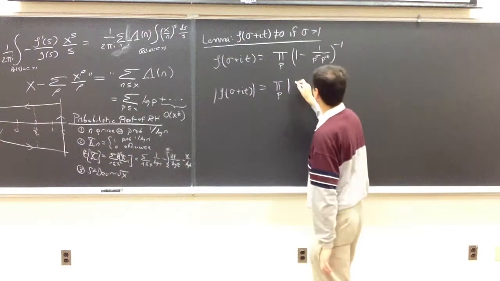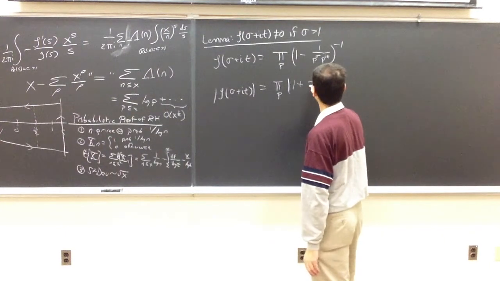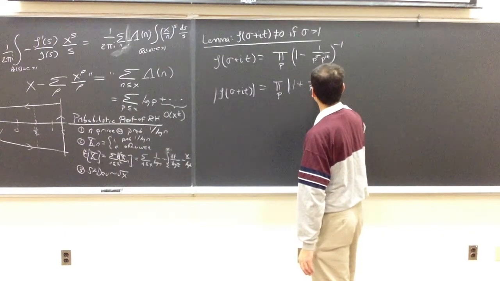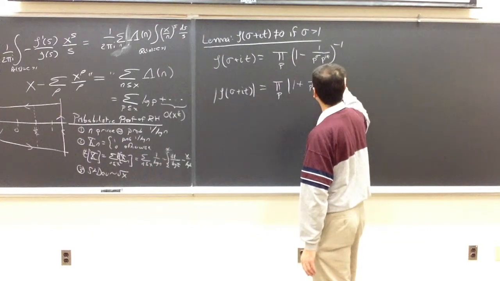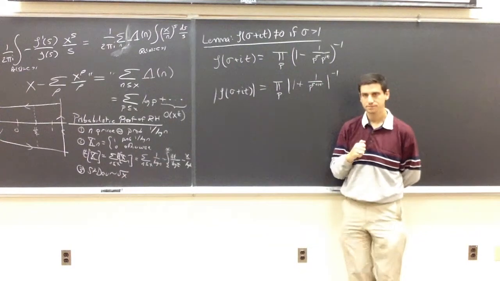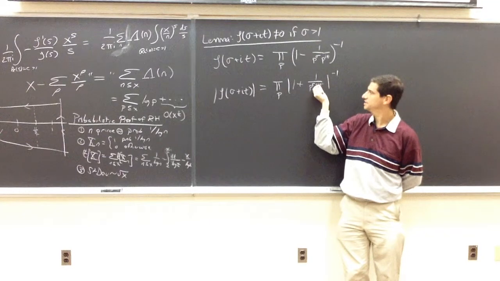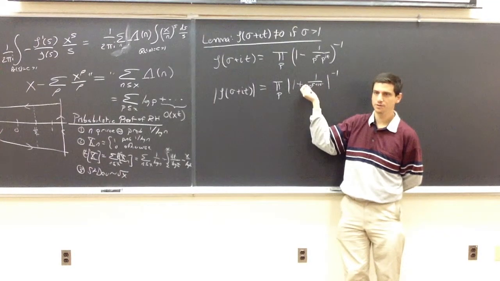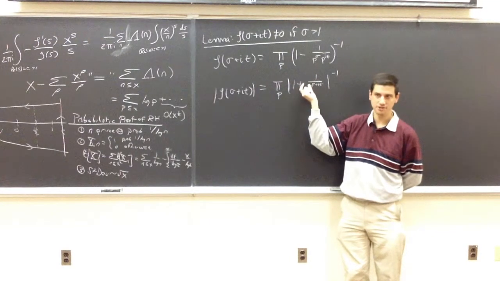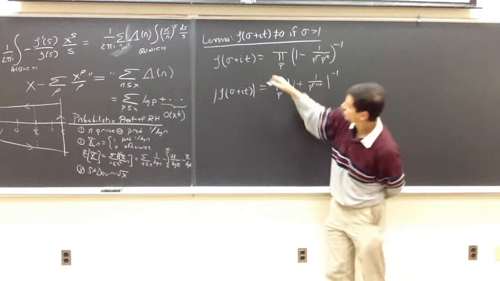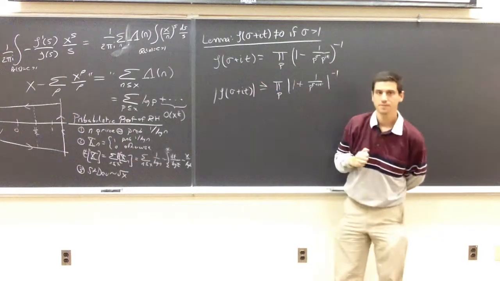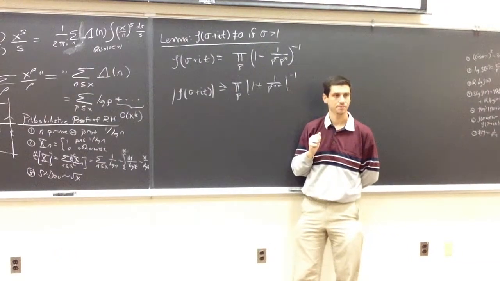All right, so we'll see if that's right. 1 plus 1 over p to the sigma, and then we have an inverse on the outside. So if we have this as a positive 1, we're making this expression larger, so its reciprocal is smaller. Good. So this will be a lower bound.